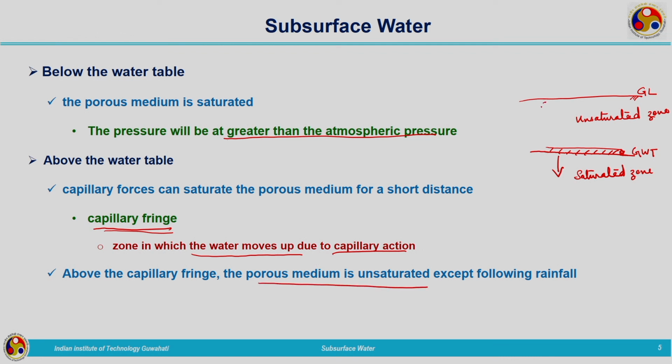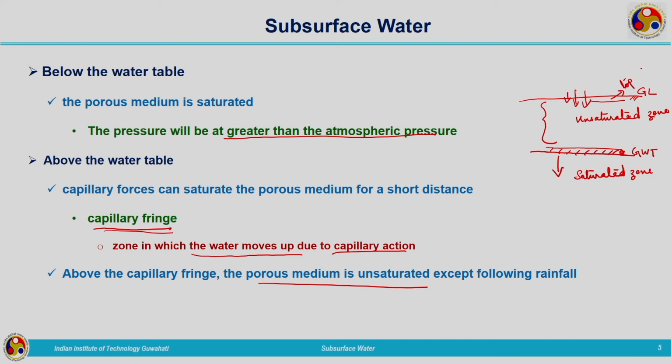Usually this region is unsaturated only, except certain temporary reasons, that is during the time of rainfall. So much of rainfall is occurring, water is getting infiltrated into the ground and continuously infiltration is taking place. So, the top layer of the soil may become saturated.